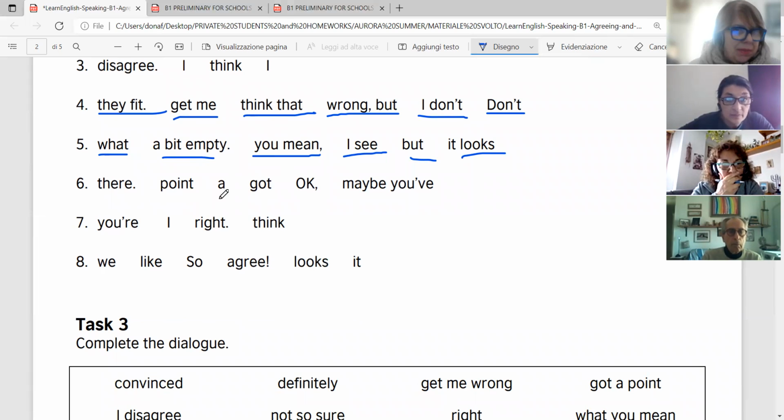Annalisa again. Okay, maybe you've got a point there. Maybe you've got a point there. This is another expression.